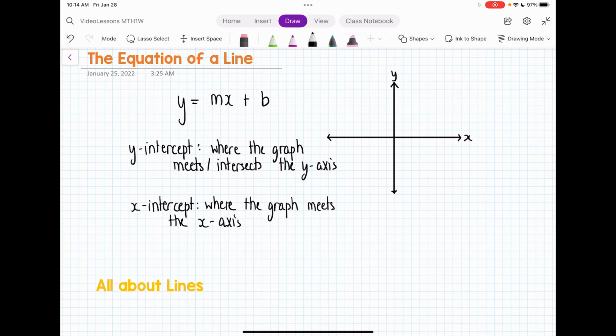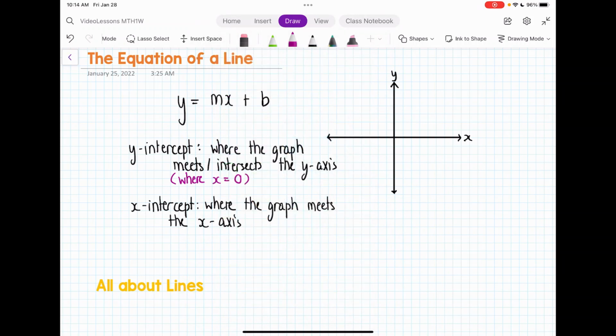They're axes, and in a point, we will have an x coordinate and a y coordinate. So if I'm here on the y-axis, that means that I've not moved horizontally at all, and so that would mean that my x value is 0. So the y-intercept is where x equals 0.